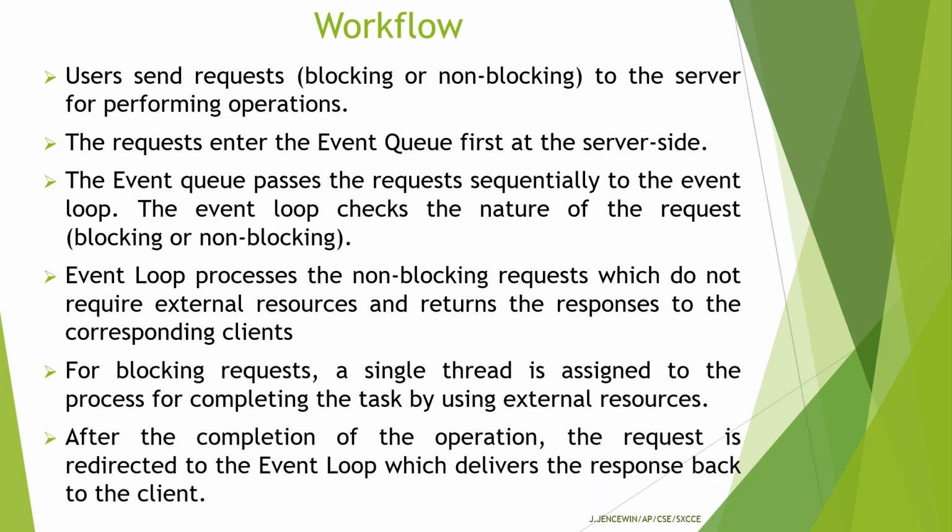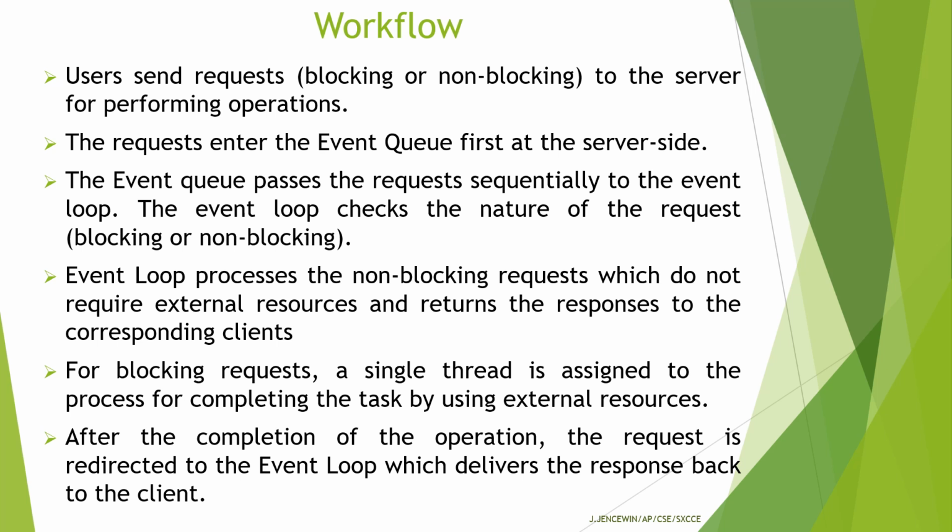After completion of the operation, the request is redirected to the event loop, which delivers the response back to the client. After completing, the intimation is given to the event loop, and the event loop passes the response back to the client. This is the workflow of Node.js architecture.